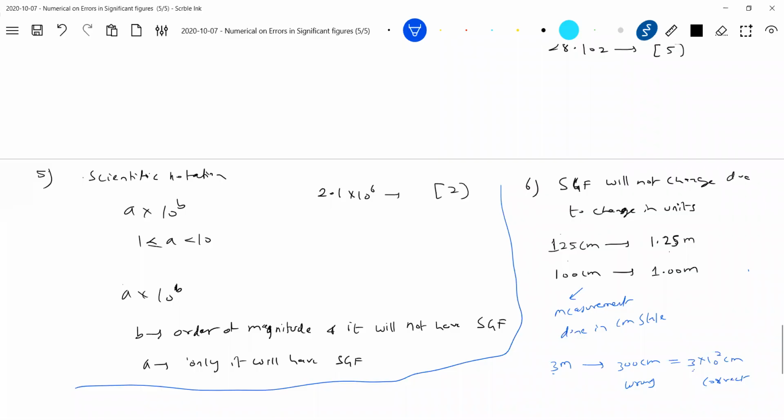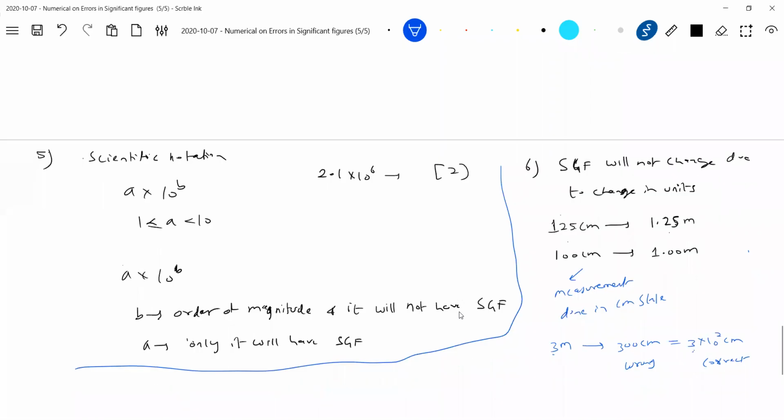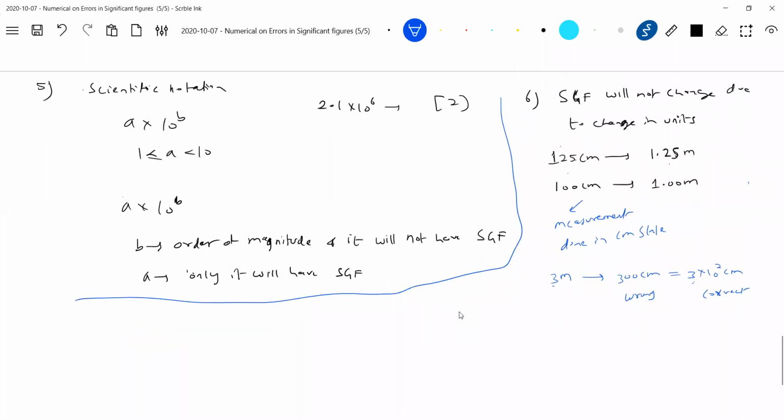If it is, say, 31 meter, convert into centimeter. How should we express it? This should be 3.1 into 10 to the power of 3.